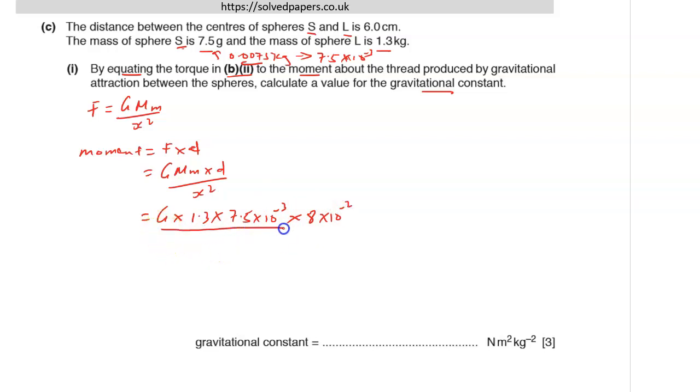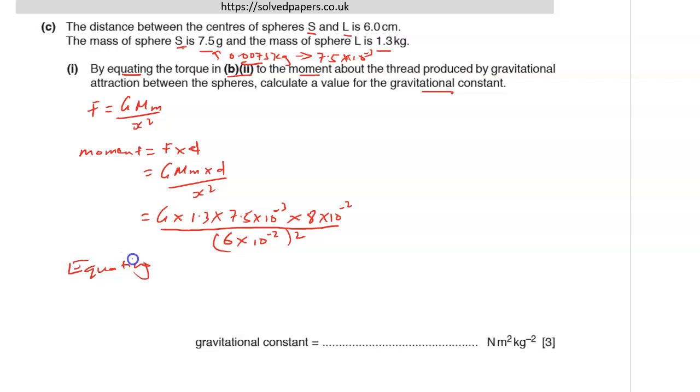And all over this, the distance between the two is 6 centimeters, so 6 times 10 raised to power minus 2, and this is squared, as you can see there.